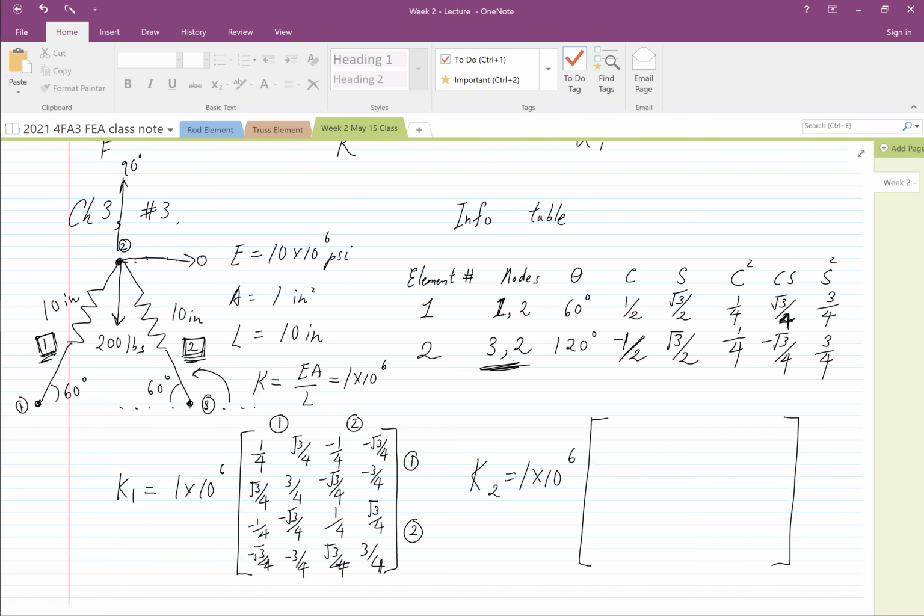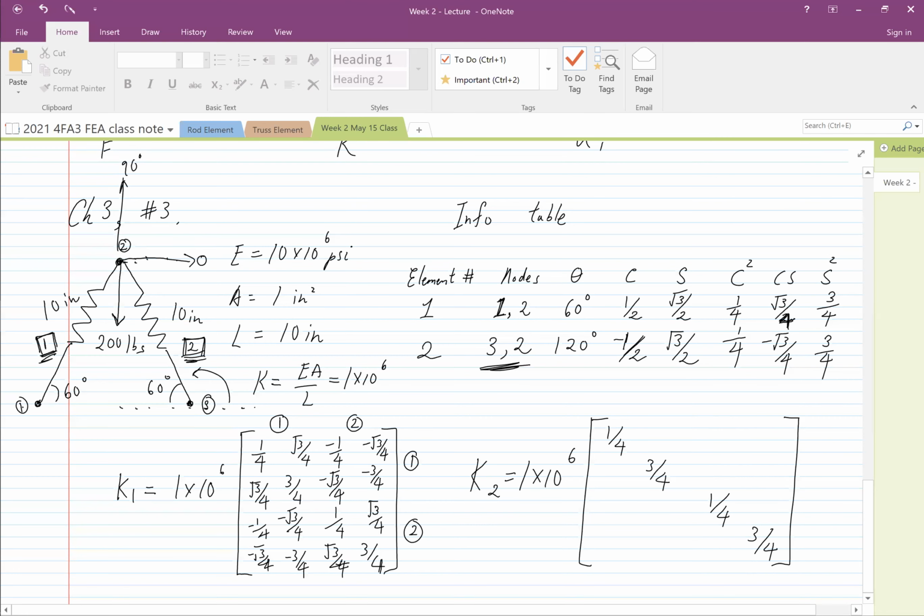Okay, right here, the matrix will be. I always do the diagonal first, right? So 1/4, 3/4, 1/4, 3/4. Then the next step will be SC. This row is all SC.